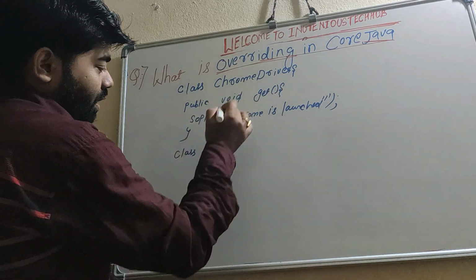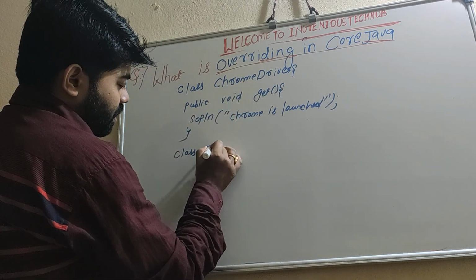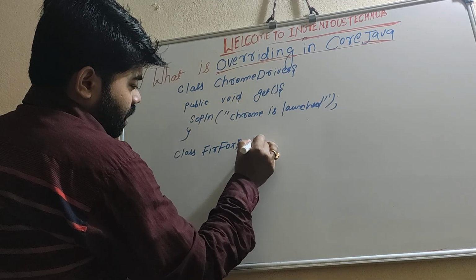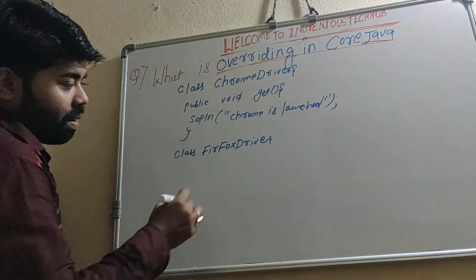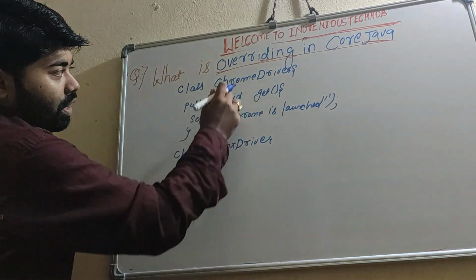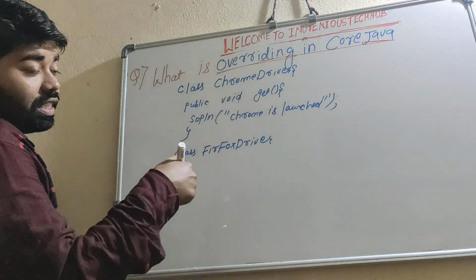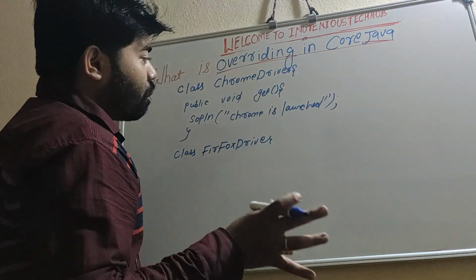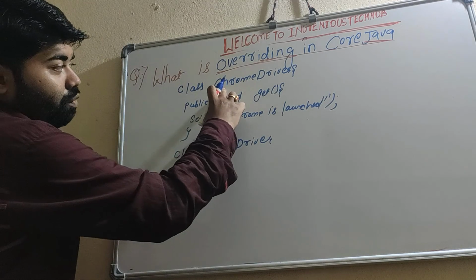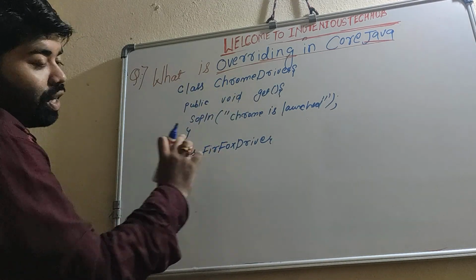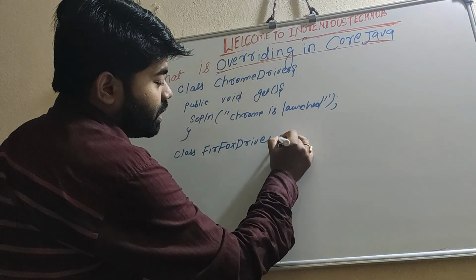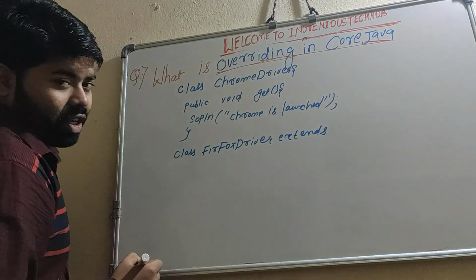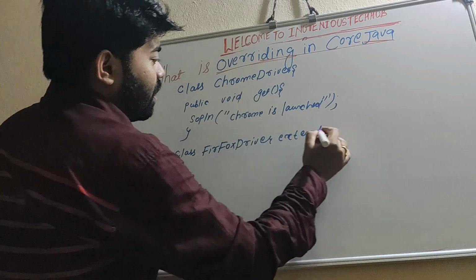I'm going to take another class, FirefoxDriver. I'm providing the relationship from one class to another class. This is the second rule of overriding. We cannot perform overriding with only one class. If you have two classes, then we have to provide the relationship, extends. Extends ChromeDriver.